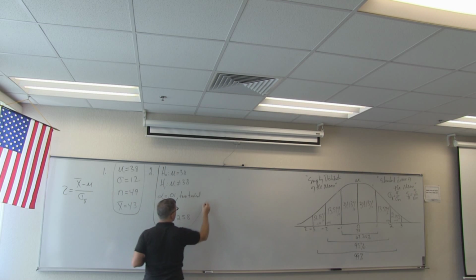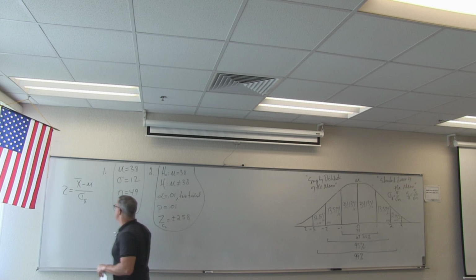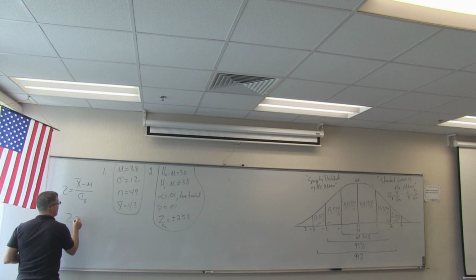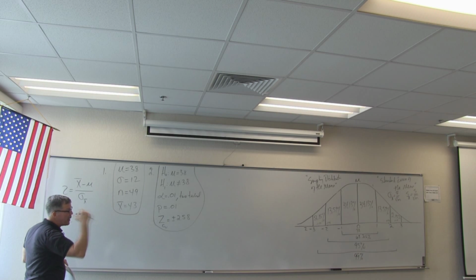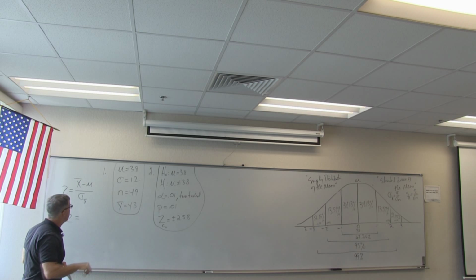And it'd probably be a good idea to compute this z with a special emphasis on that standard error of the mean. It's going to tell us a lot in terms of where the individual sample mean falls.